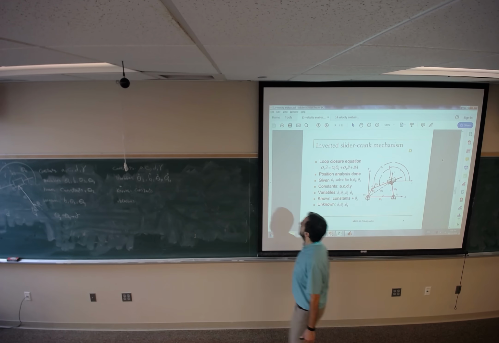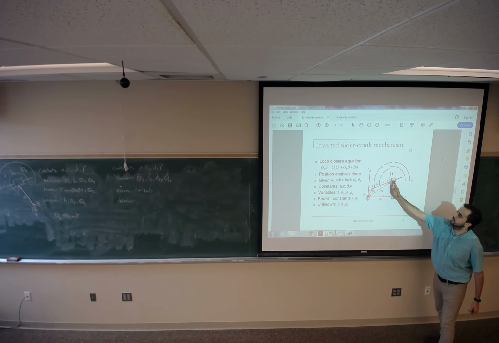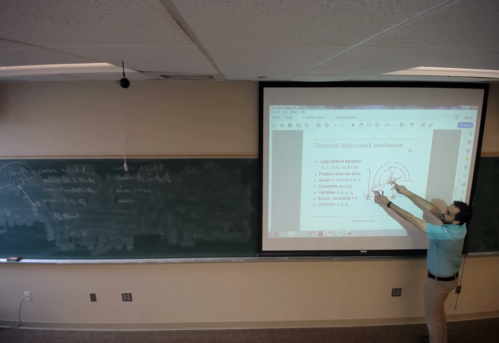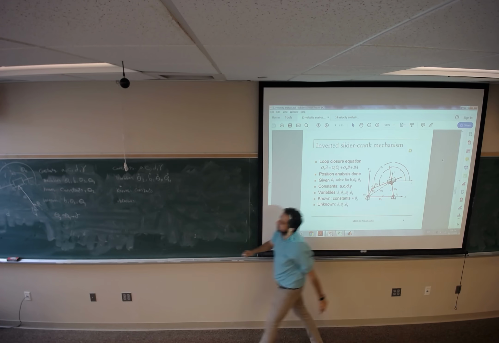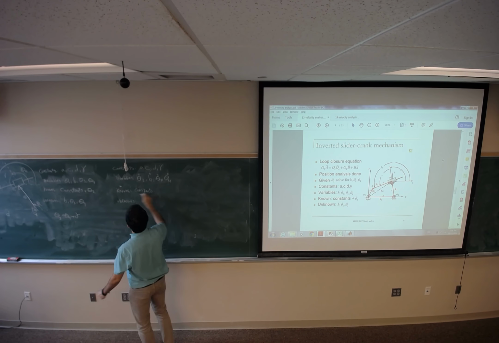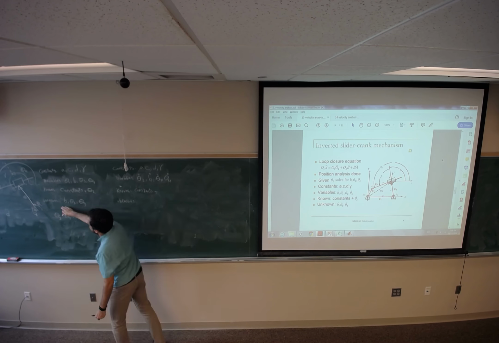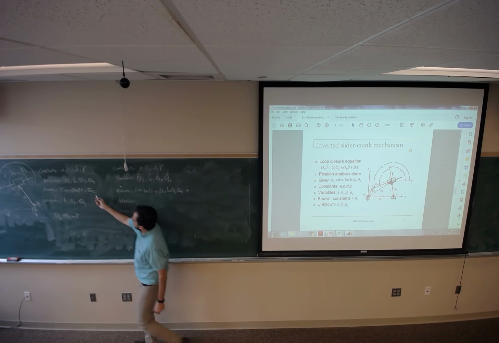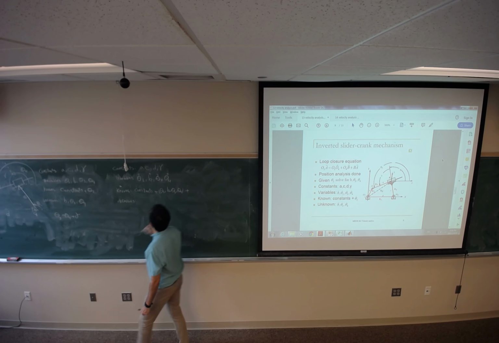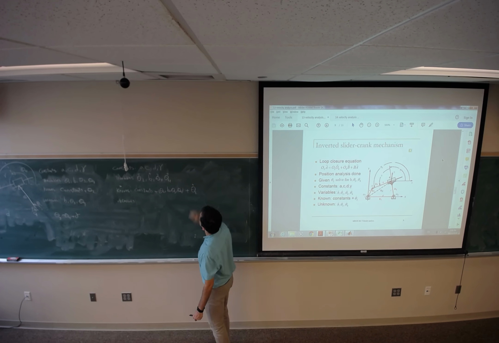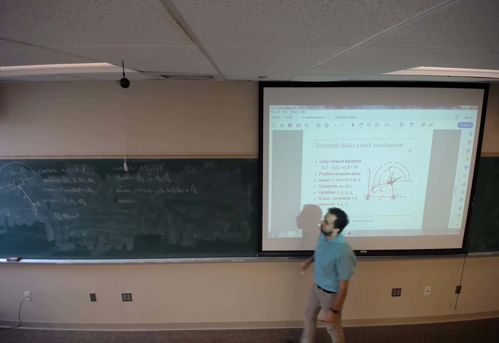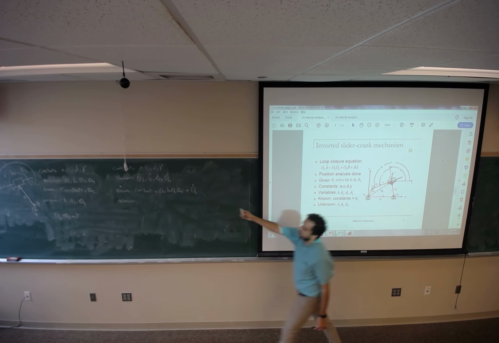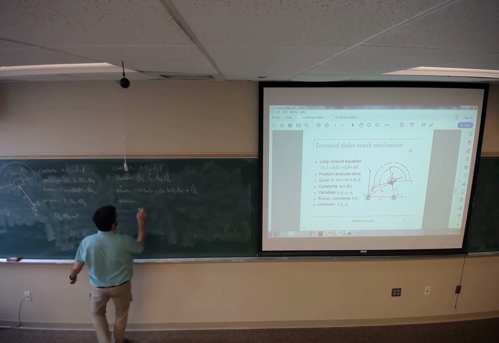How fast this slider moves, this length is varying with time. We have theta 2, we should be given omega 2 or theta dot 2, and we solve for the remaining.